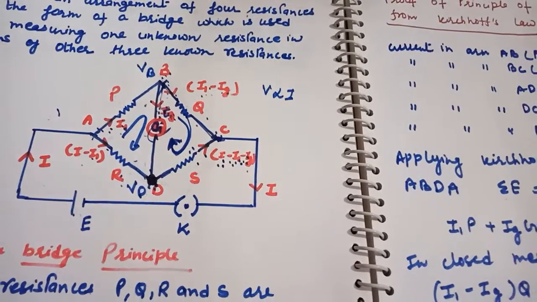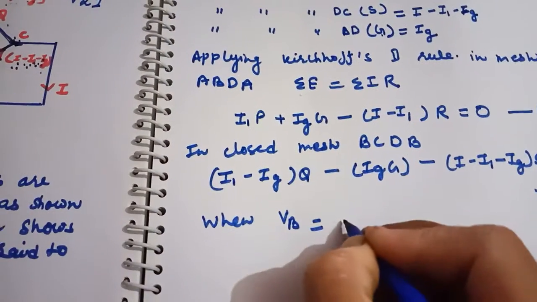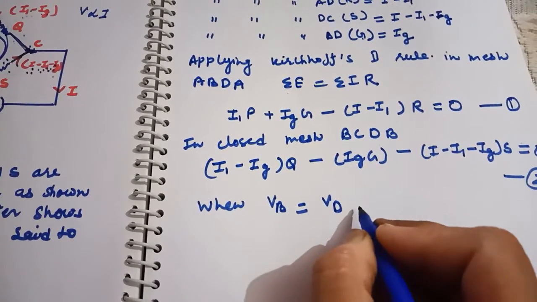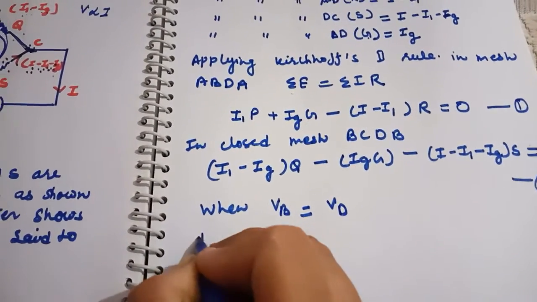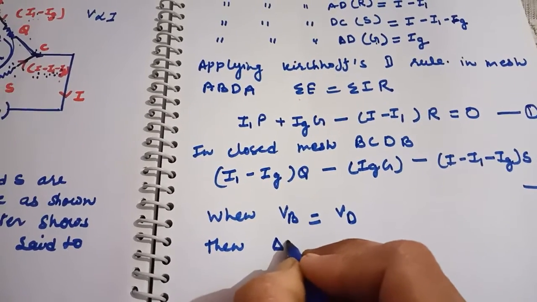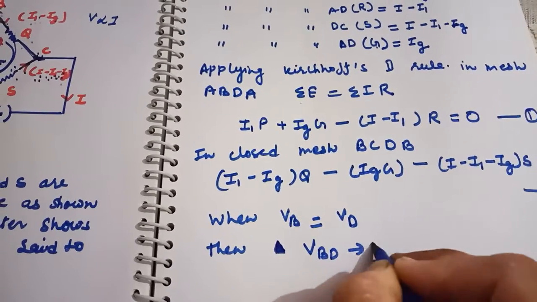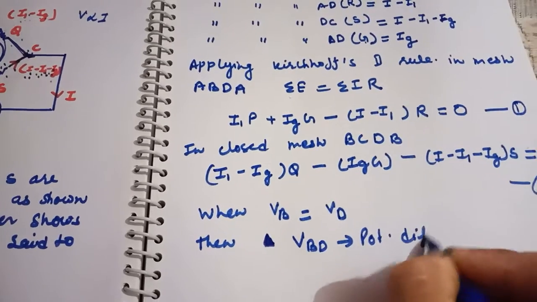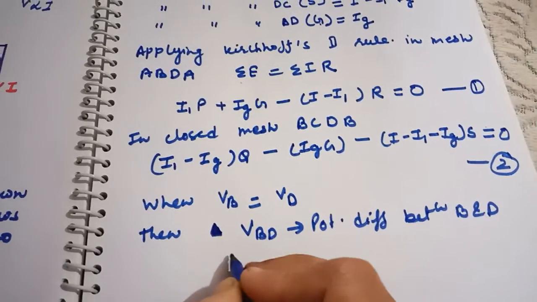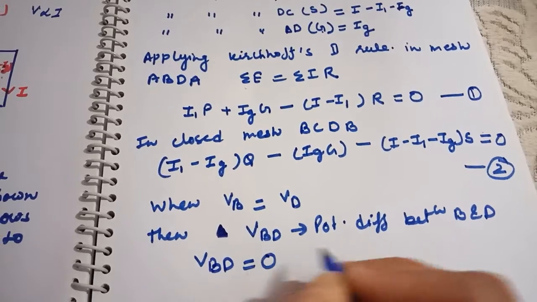So when VB is equal to VD, in the particular condition when P, Q, R, S are arranged in such a manner, the potential difference between B and D, VBD, is equal to 0.